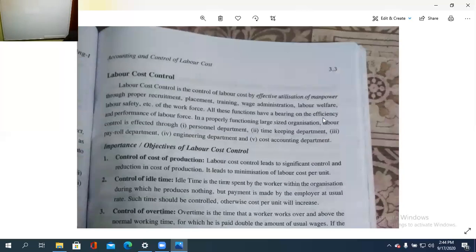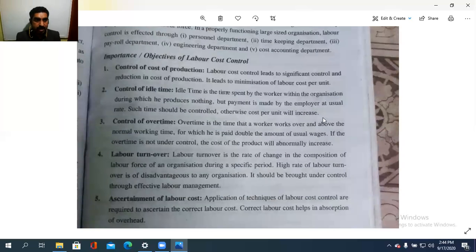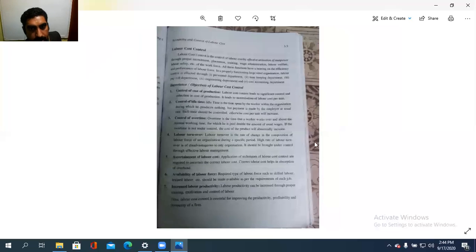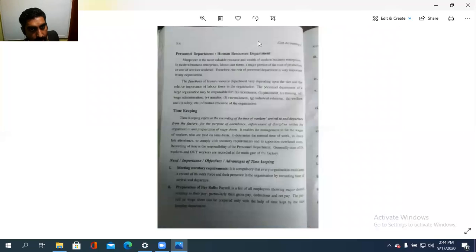To control the cost of production, to control the idle time, to control the overtime also, labor turnover should be reduced to the minimum, labor cost should be calculated, then availability of the labor force, that is skilled labor, unskilled labor, trained worker, untrained worker, like that, as per the requirements of the job, need to take it. That is the availability of the labor force, and increase the labor productivity. So these are the objectives with regard to labor control, cost control.